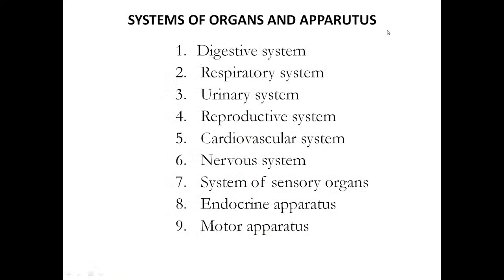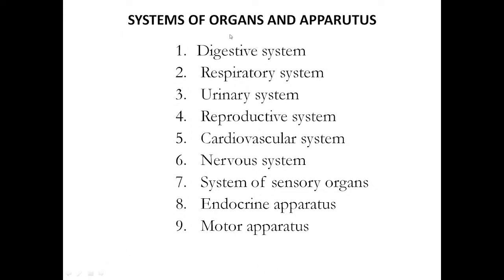Systems of organs and apparatus. This is the digestive system, respiratory system, urinary system, reproductive system, cardiovascular system, nervous system, system of sensory organs, endocrine apparatus, and motor apparatus.